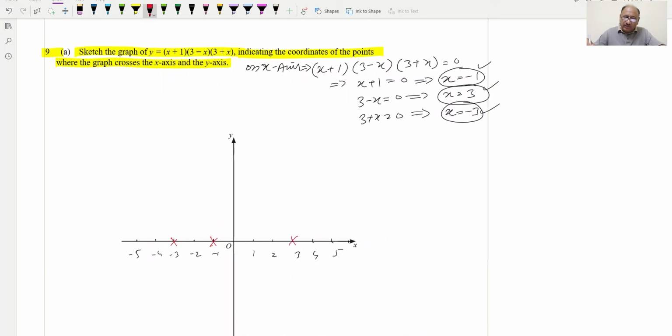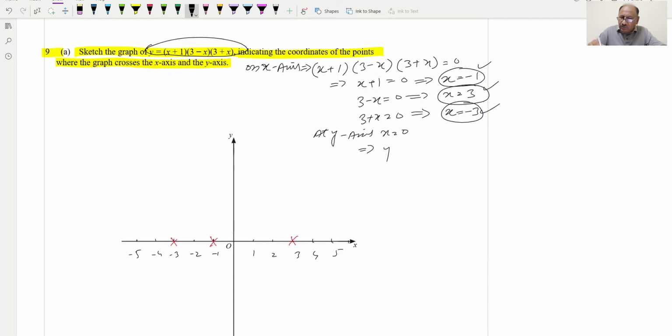First of all, we will take the y-axis. At the y-axis, x will be equal to 0. So we will replace x is equal to 0 in this equation. This implies y will be equal to 0 plus 1, so 1 into 3 minus 0 into 3.